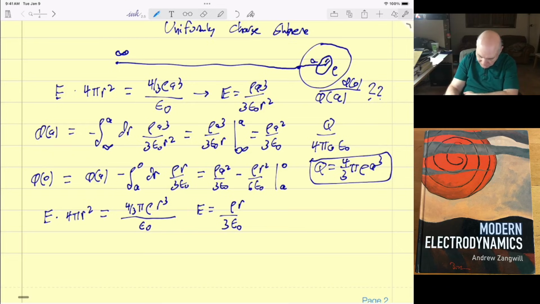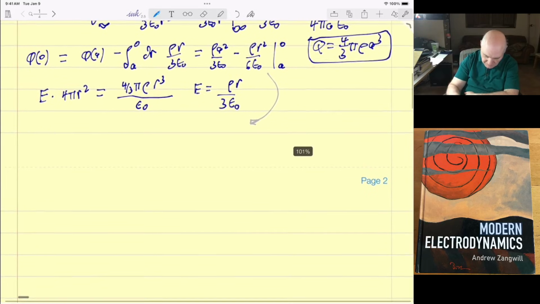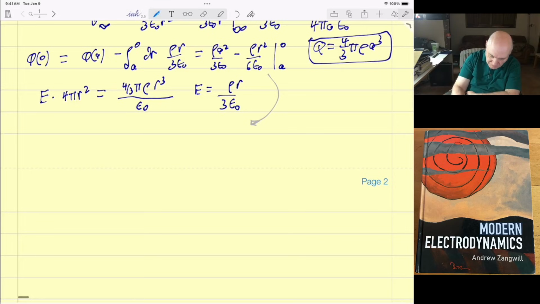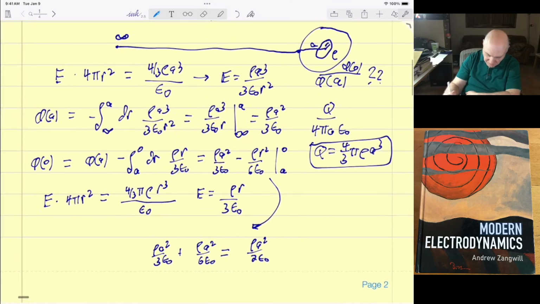At 0 we get 0, so we just get rho a squared over 3 epsilon 0 plus rho a squared over 6 epsilon 0. And this is just rho a squared over 2 epsilon 0. So phi of a, we got this. Now we're getting this. And we want the ratio.